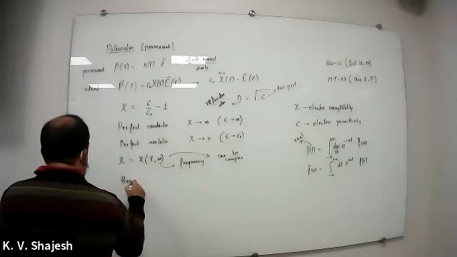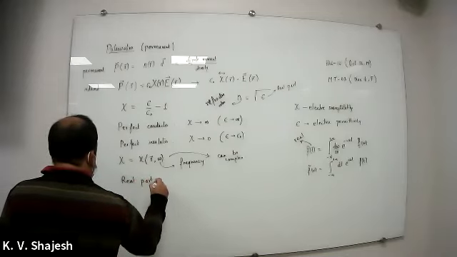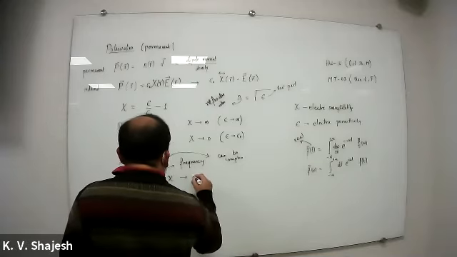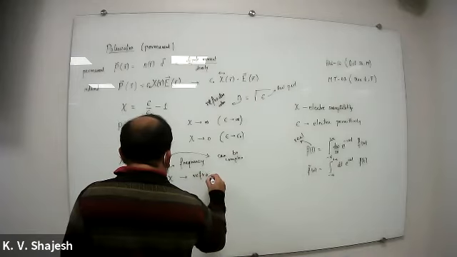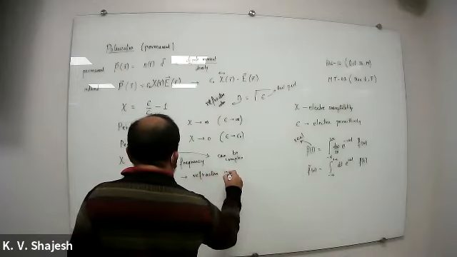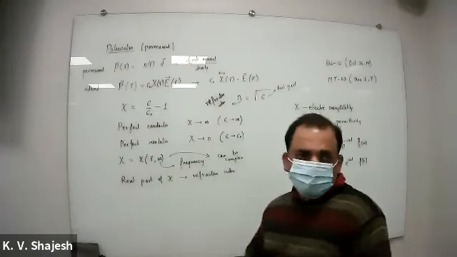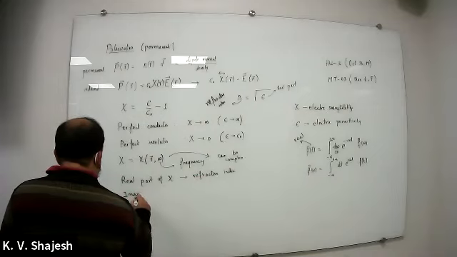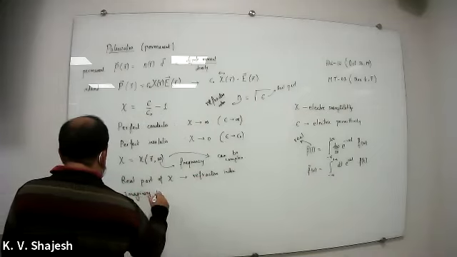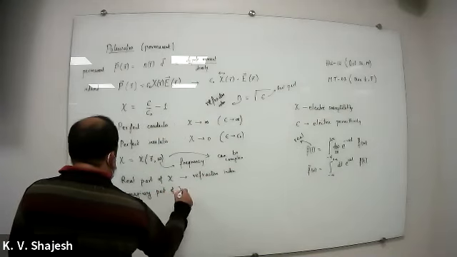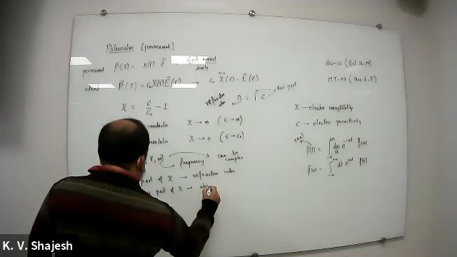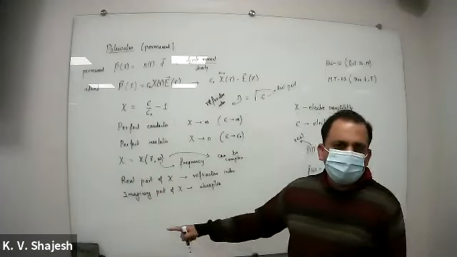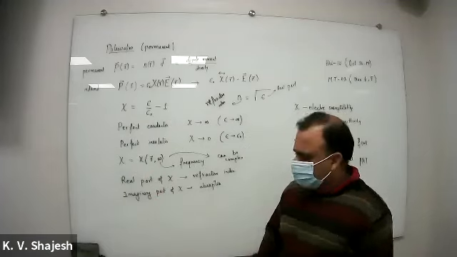The real part of chi is related to refractive index, which decides how much it will transmit, and the imaginary part of chi decides absorption. And there are very intricate properties related to that. We won't do that in here.